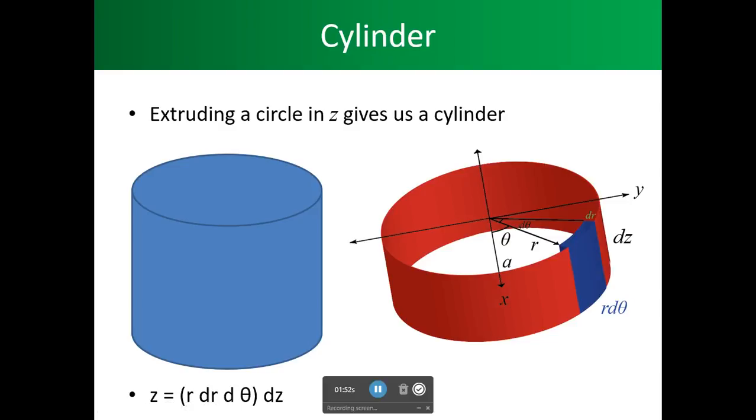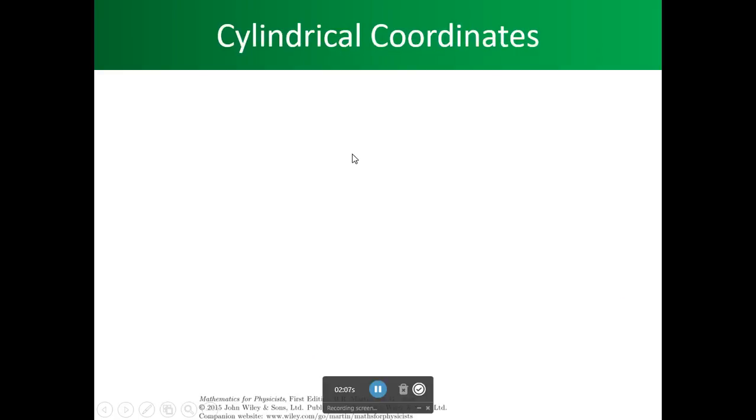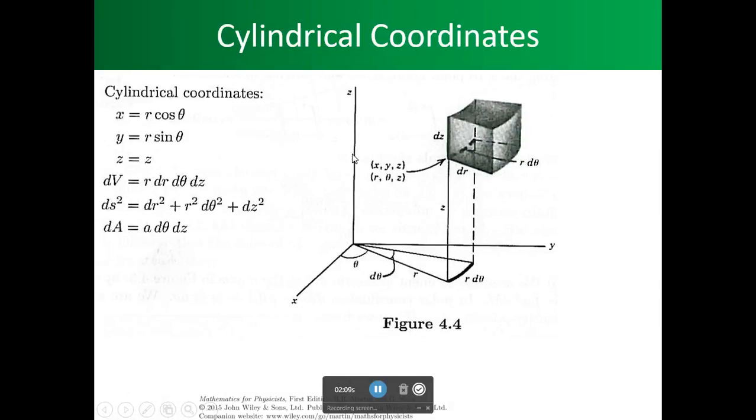So remember that dV is going to be equal to r dr d theta dz. Take a little closer look at this. We have a cylindrical coordinate system. We have, remember, x equals r times cosine of theta, y equals r times the sine of theta, and now we have z equals z.